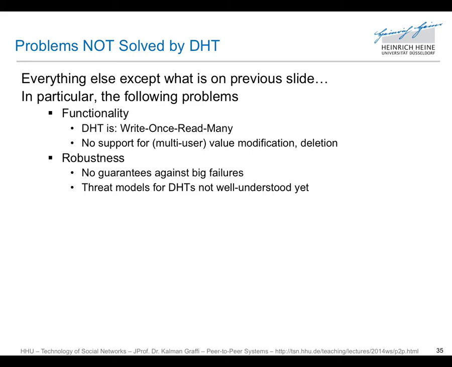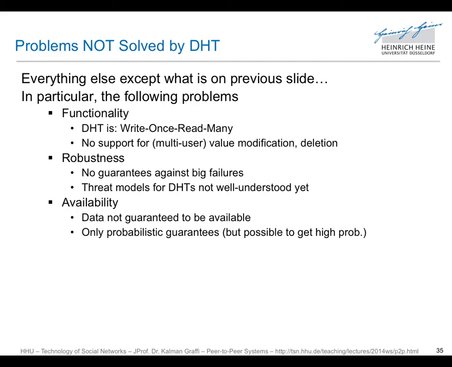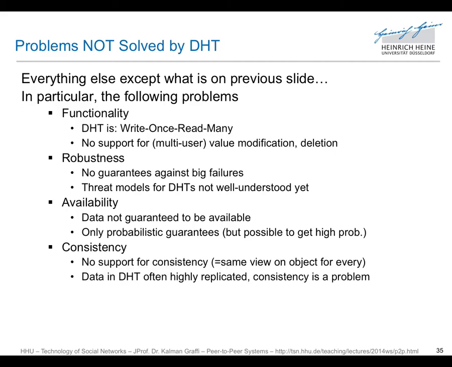Also, a big failure, so 50% of the nodes fail. So what happens? Who keeps the overview about what is lost and what to restore? Pure DHTs like Chord and Kademlia do not come with replication. So we need also to consider how replication can be done more generally.